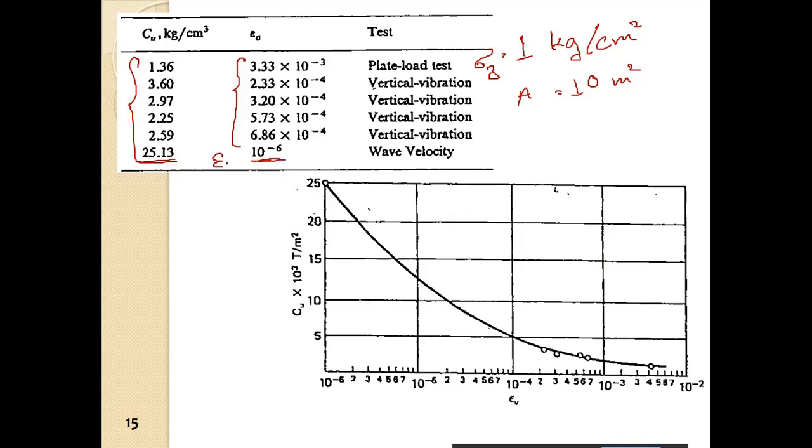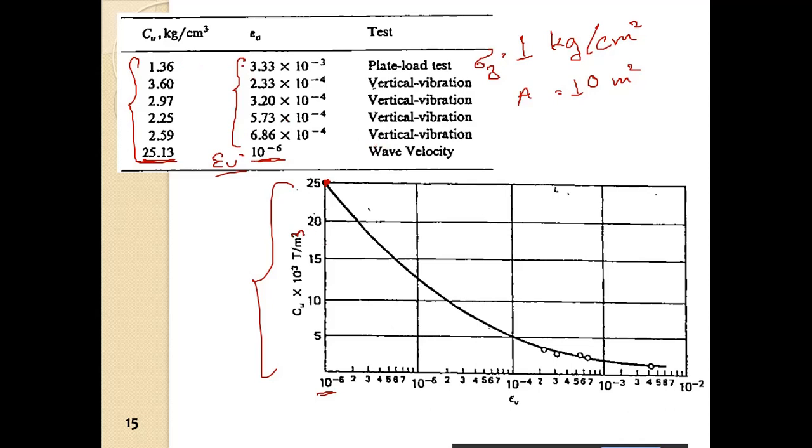First of all we plot this point, 10 to the power minus 6 and 25 ton per meter cube. That is the first point.